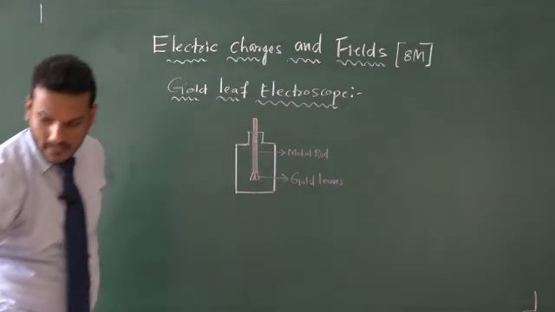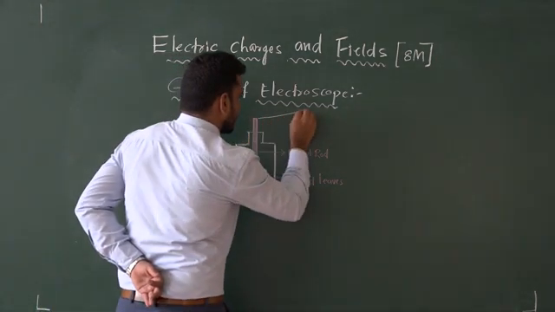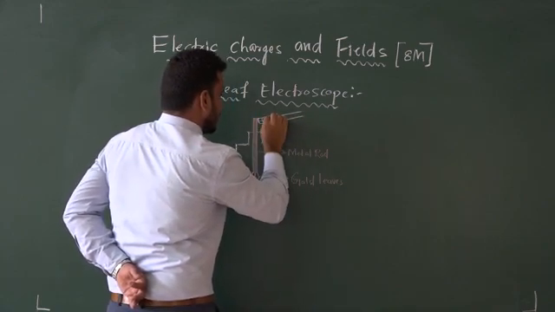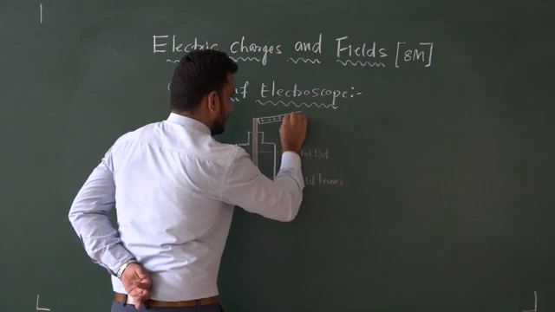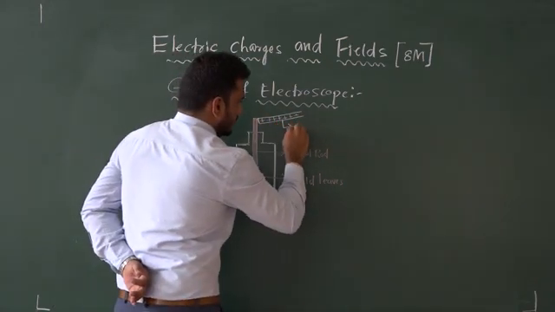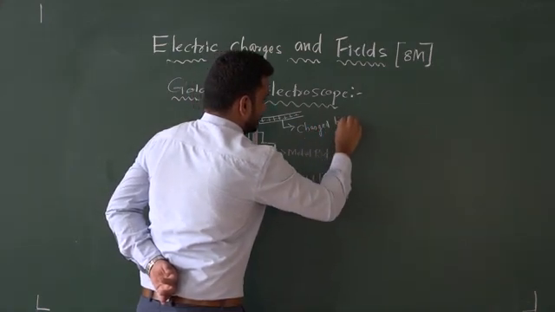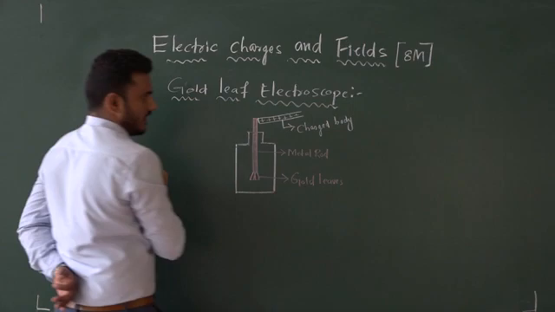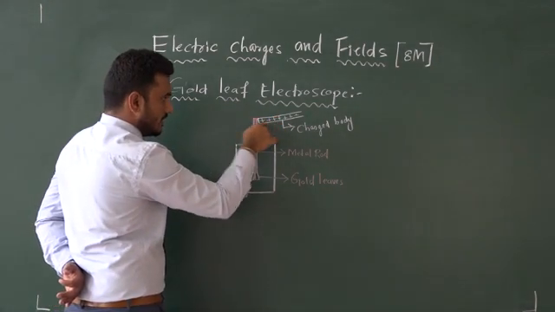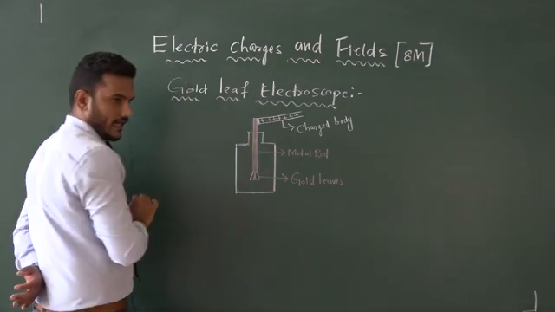Now what I am doing, I am going to bring a charged body. It may be a positively charged body or a negatively charged body, not a problem. So we brought a positively charged body near the metal rod and made physical contact.